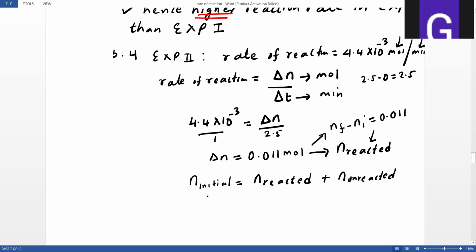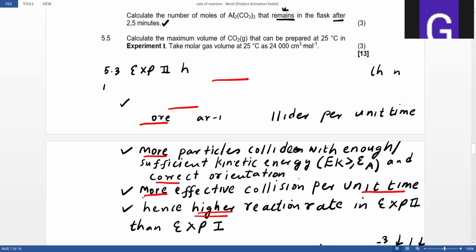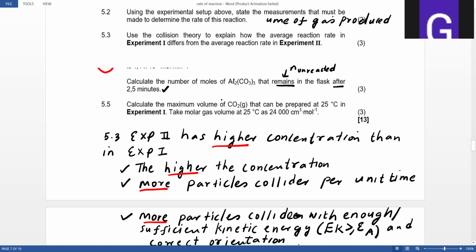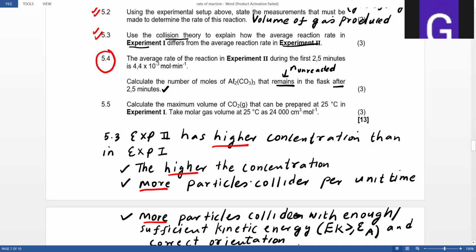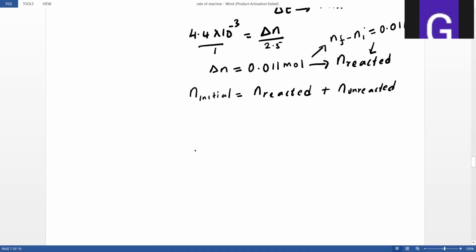So what is the initial of aluminum carbonate? From the reaction, in experiment 2, let's check it. Yes, 0.016. This is the initial number of mole of aluminum carbonate.